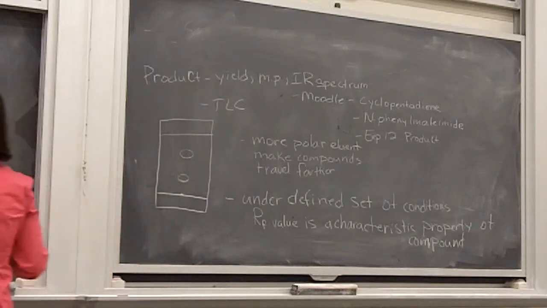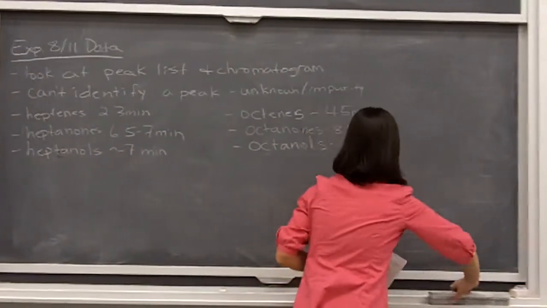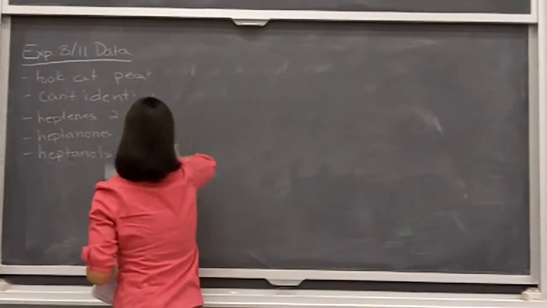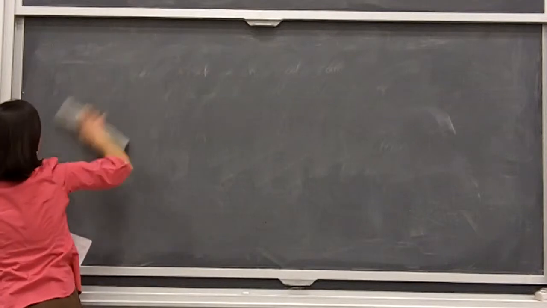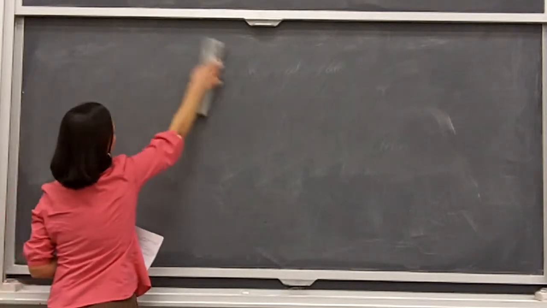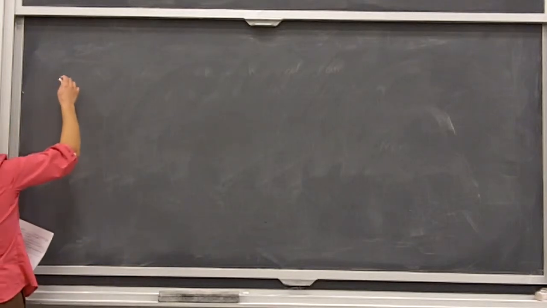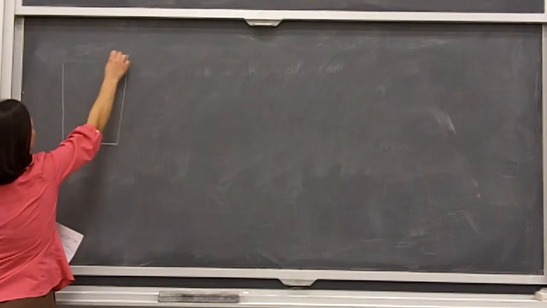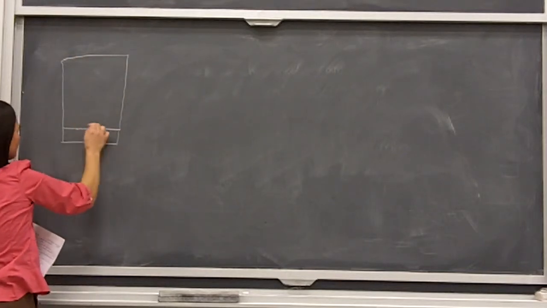So the way that you're going to use this, and there's many ways that you can use thin layer chromatography. In this experiment, we're going to use it to monitor the reaction progress of your reaction for experiment 12. In a TLC plate, say we have 3 spots here.